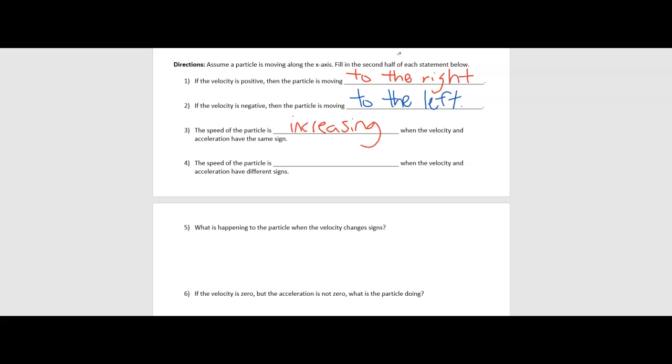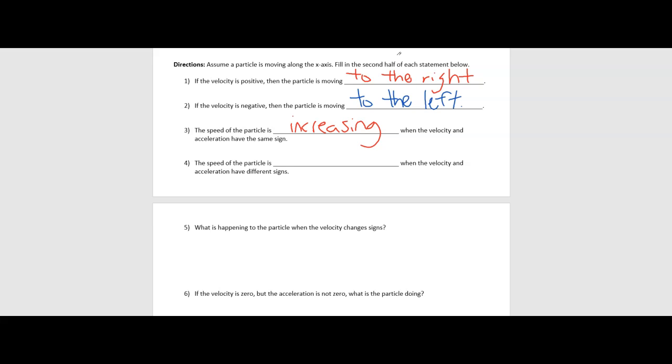This works the same way if your velocity is negative, right? If you put your car in reverse and you step on the gas, right? And let's say you're going negative 15 miles per hour, you're backing out of your driveway. If you hit the accelerator, your velocity is going to be getting more negative, right?